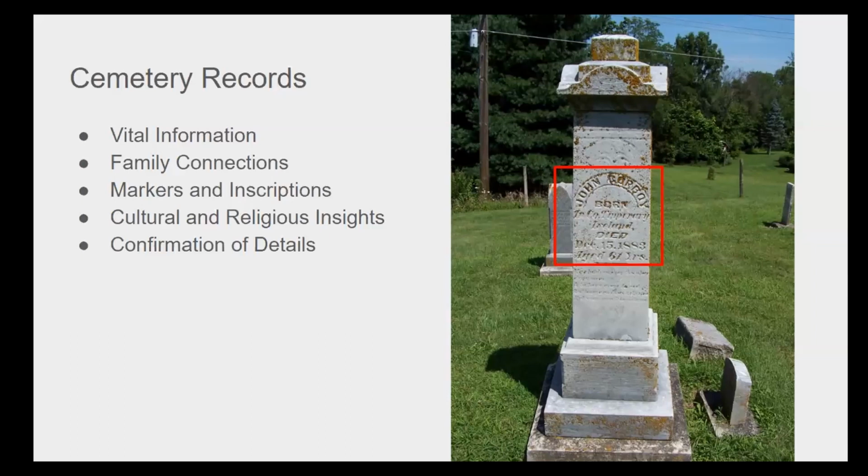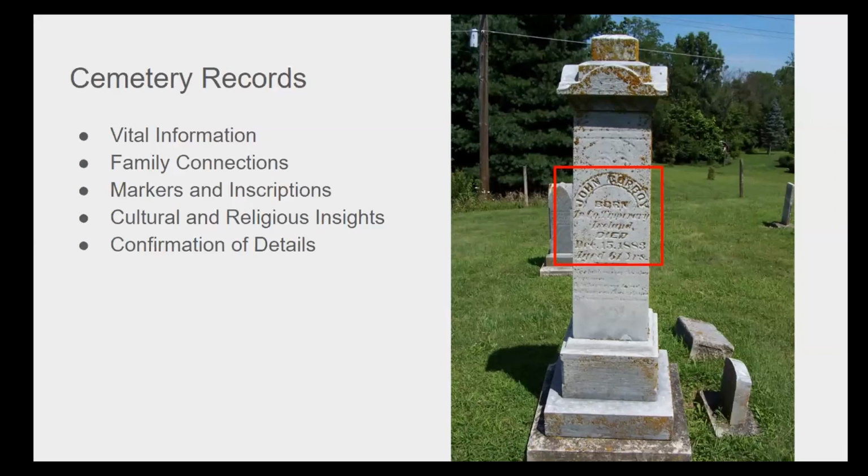The first way is through the tombstone and markers for your ancestors. So tombstones and markers often contain inscriptions that might provide some additional information like nicknames or religious affiliations. Sometimes they'll even give details about their lives or accomplishments. So these can offer valuable insights into your ancestors' background.